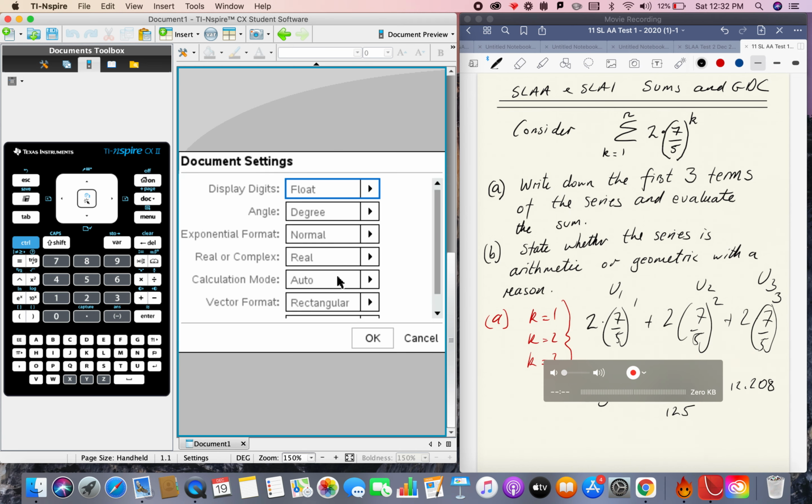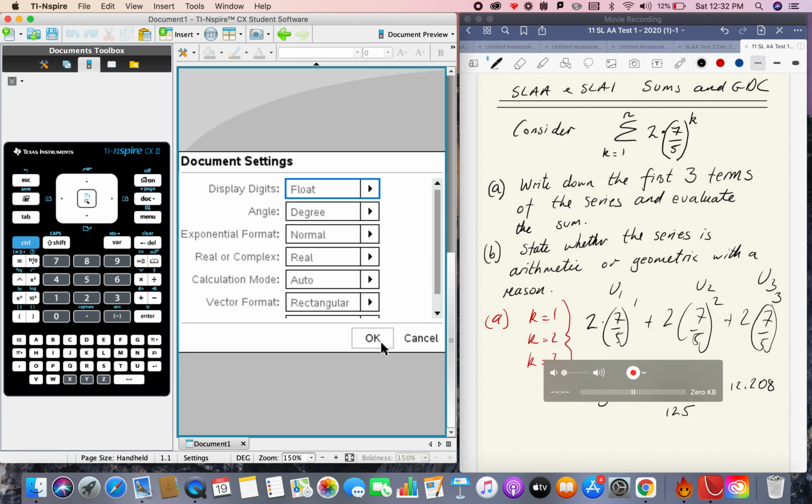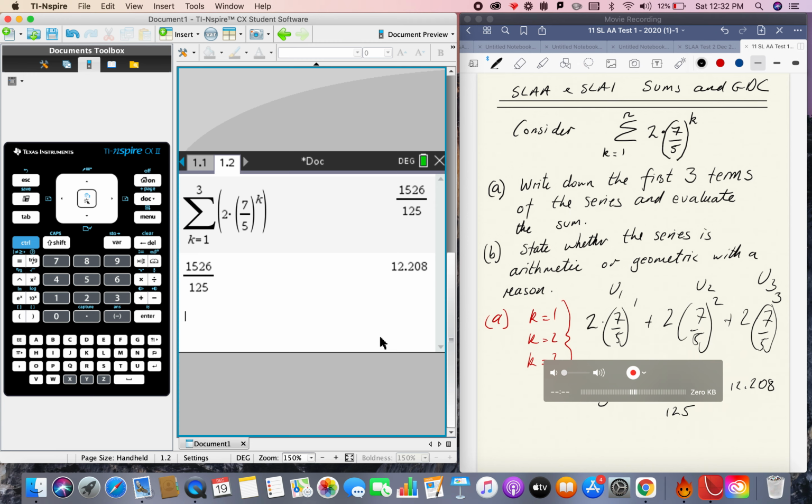Okay, so this is the full exact answer. Float means it's going to give me at least 15, I believe 15 significant figures. So that's 12.208, not rounded to 3 decimal places or 5 sig fig. That is the exact answer.